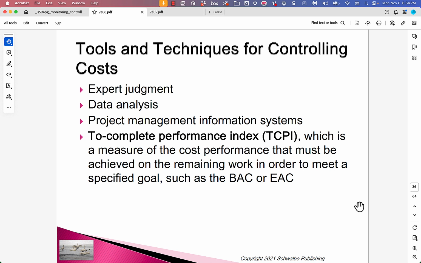You could analyze the data, take a data science kind of view to it. Project management information systems are things like Microsoft Project, which is not all that sophisticated, but has a way for us to enter actual values and chart them against parts of the project. And the to-complete performance index is a part of earned value management that we talked about already.